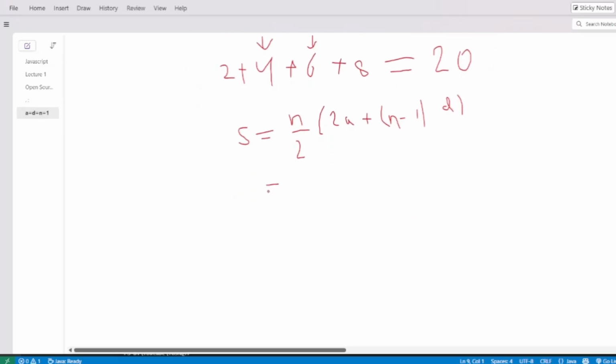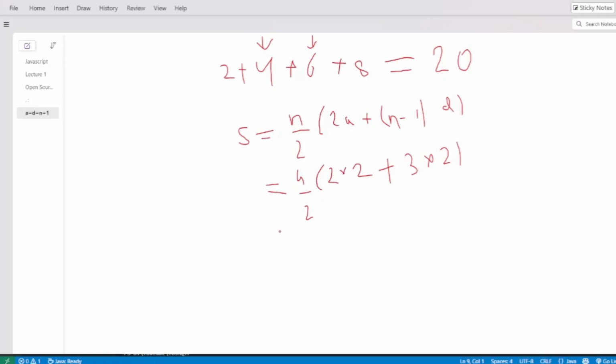I have the number of terms 4, so we put 4 upon 2. The value of A is 2, so 2 into 2, plus the number of terms is 4, so 4 minus 1 is 3, multiplied with the value of D, which is 2.